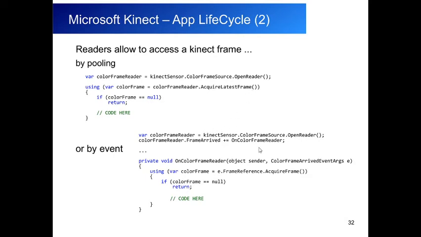So you register an event manager, and when that event happens, so you have a new frame on the color device, this callback is activated, and here you can do whatever you want. So one is reading, so you read the devices on demand. Here you wait for an event to happen.